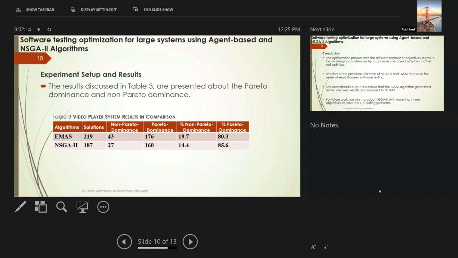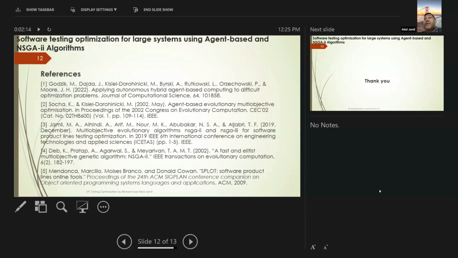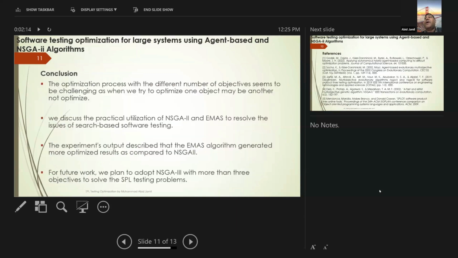Can you please go to slide number 11, where we conclude our research work. The optimization process with different numbers of objectives seems to be challenging, as when we try to optimize one objective, another objective may be affected.